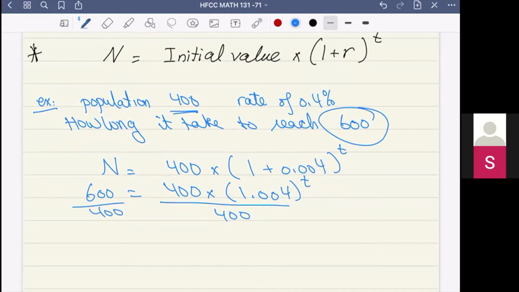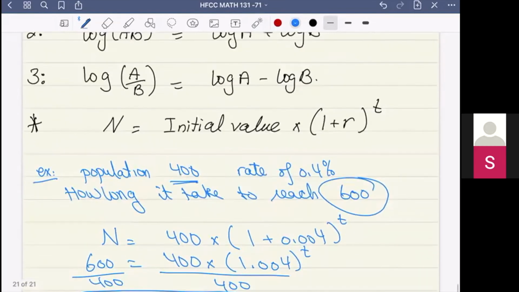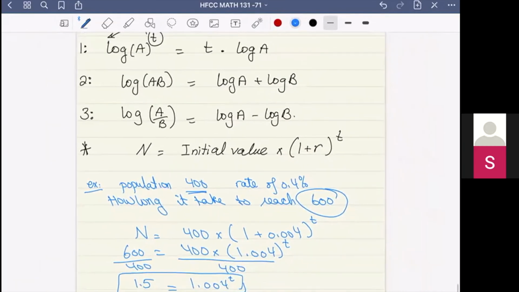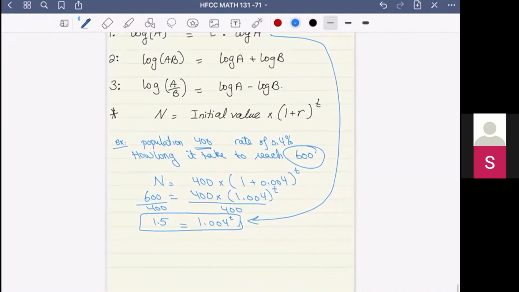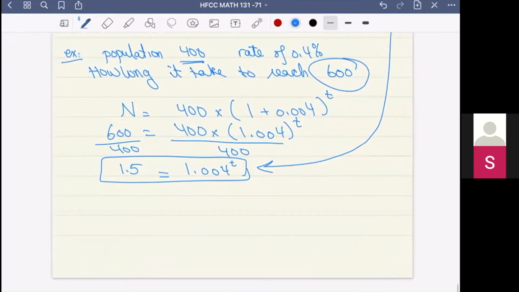We get 600 divided by 400 is 1.5 equals 1.004 to the power t. Now, look at this one right here, and let's look at our first one up here. When we have a number to the power t, the way I say it is log both sides.